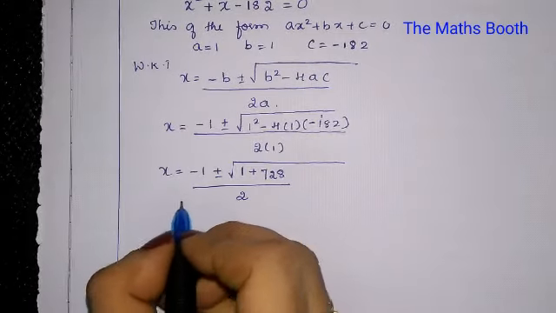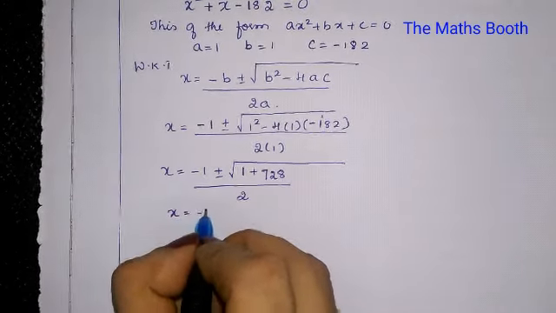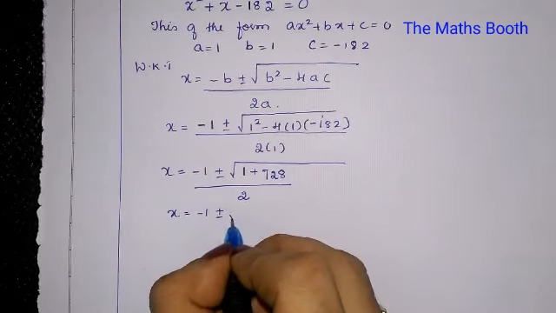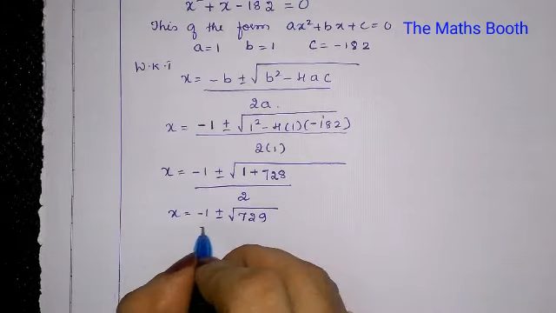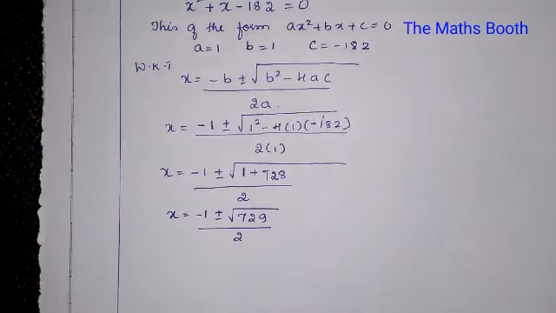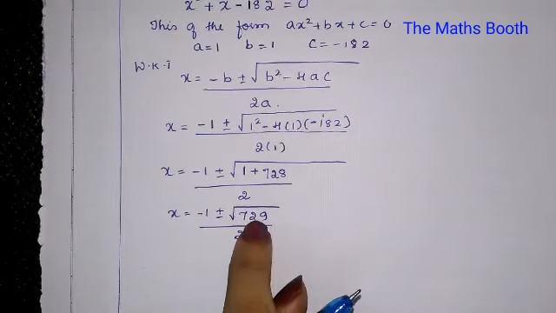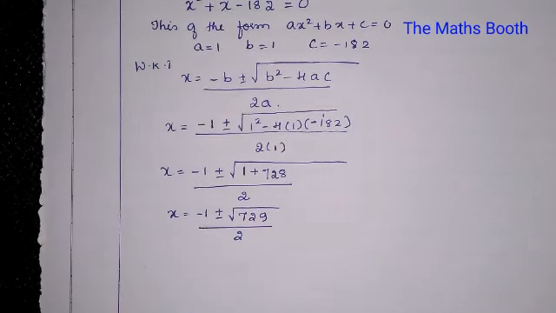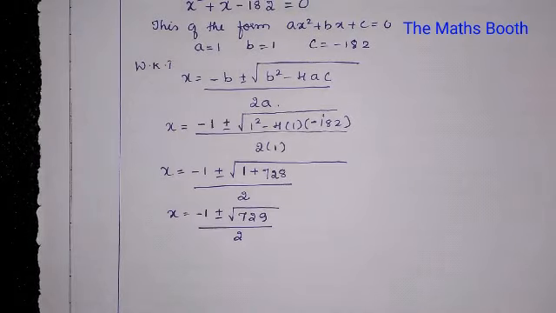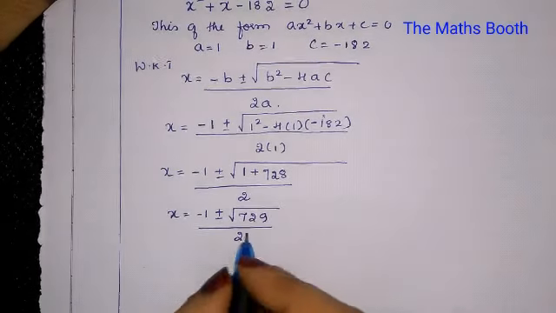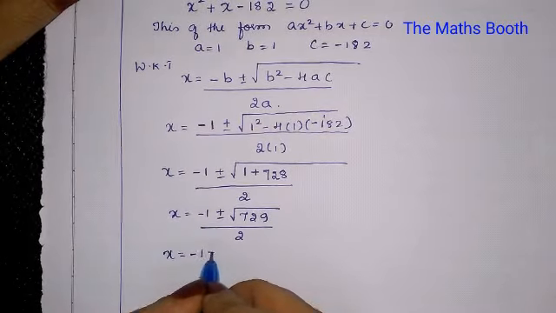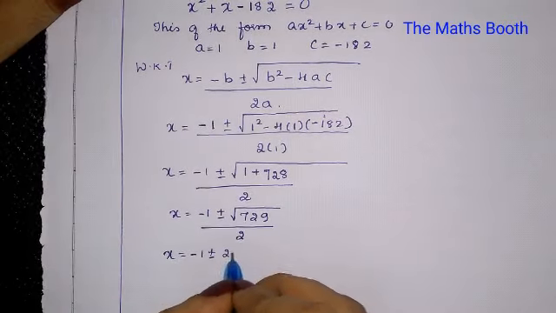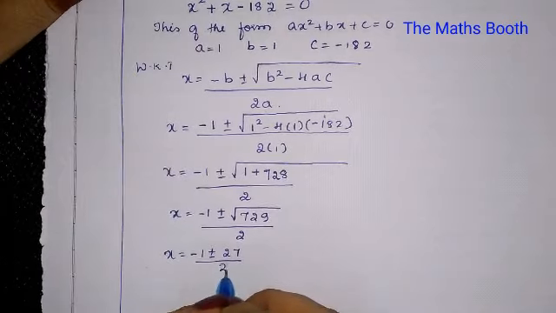Now x is equal to minus 1 plus or minus root of 729 upon 2. We should know perfect squares properly. 729 is a perfect square of 27. So x is equal to minus 1 plus or minus 27 by 2.